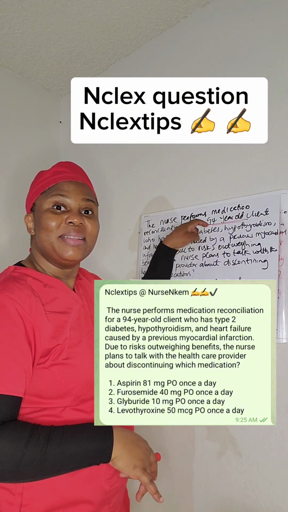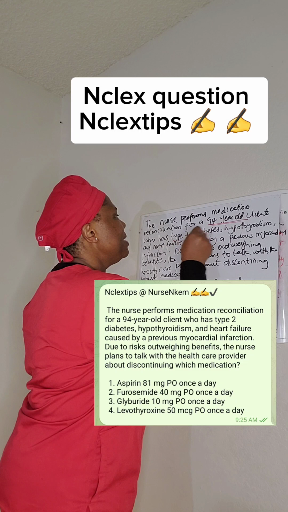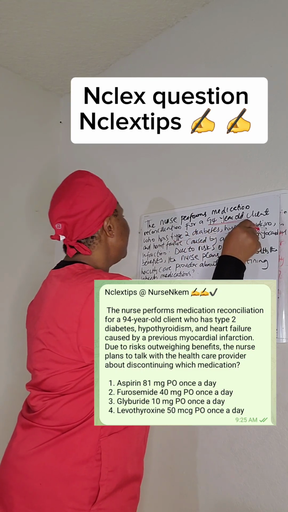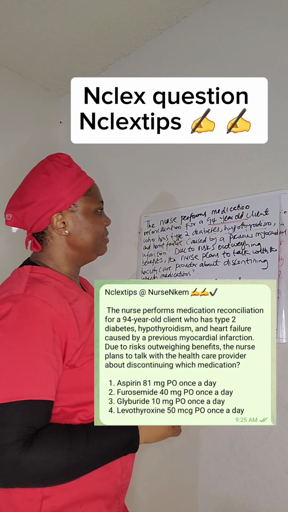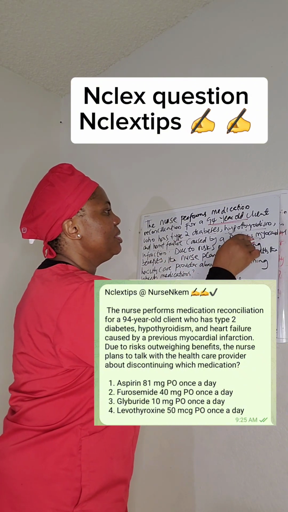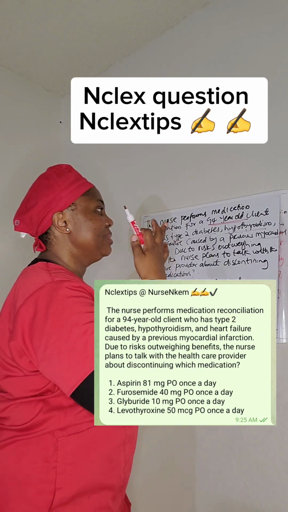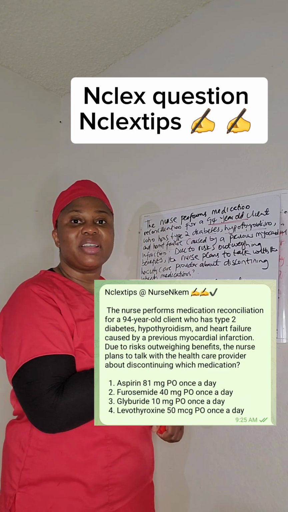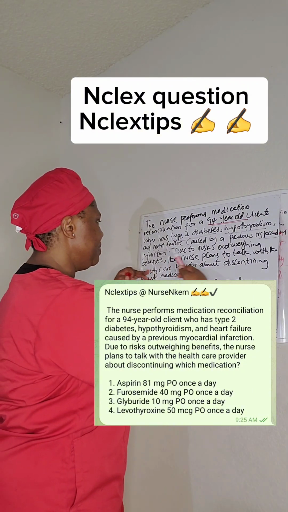This is an elderly patient. And this patient has type 2 diabetes, hypothyroidism, and heart failure, which was caused by myocardial infarction. This patient has suffered a myocardial infarction before. And this patient has these medications.